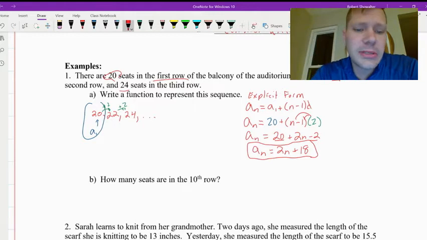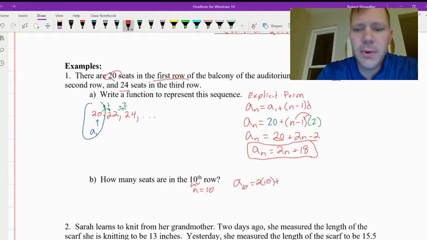Now when we ask the question, how many seats are in the 10th row, that's the term number. We're looking for the 10th term, so that becomes n equals 10. We use our equation up above to generate how many seats are within that 10th row.